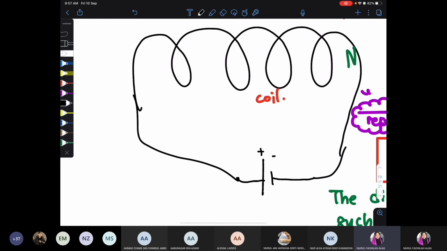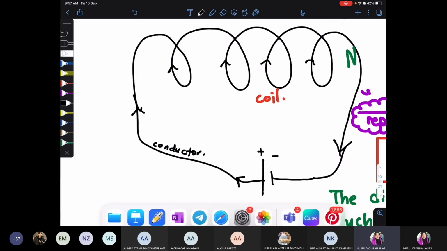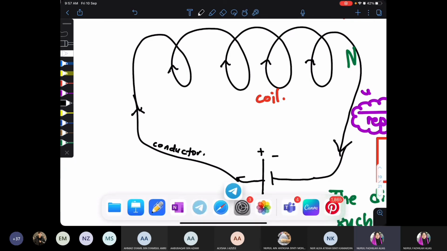Current flows. And this is the direction of conventional current. Okay, ada current flow through a conductor. So this is a conductor. You know that when current flows through a conductor, what happened to the conductor?